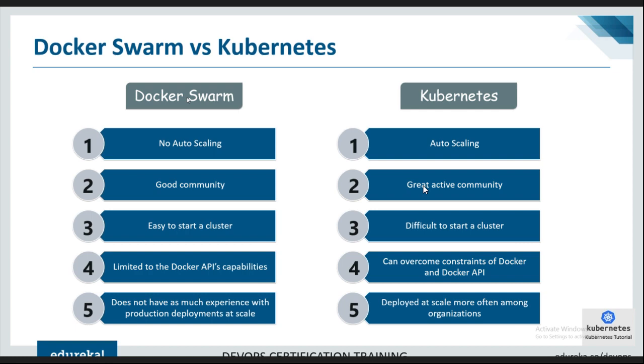It offers an easy way to start a cluster because, since this is from Docker itself, right? Again, there is a limitation in the Docker API's capabilities, and they do not have much experience with production or deployment at scale, because they are useful not for large scale, but for medium scale application deployments, right? If we have a low scale requirement for a small application, then we can use Docker Swarm.